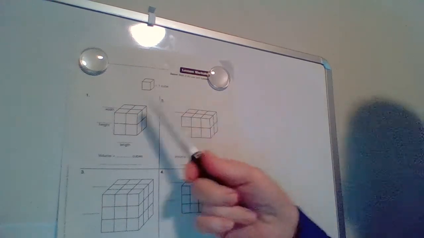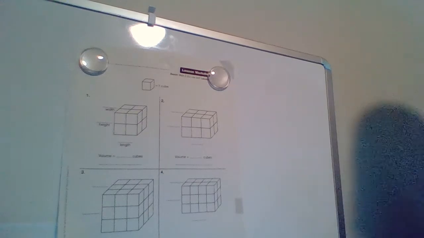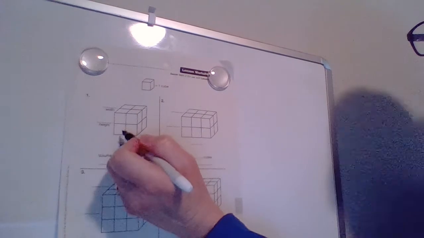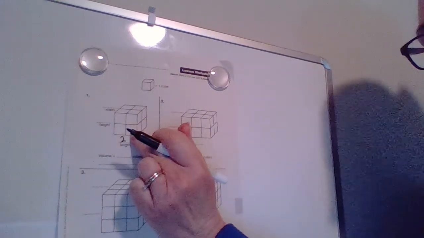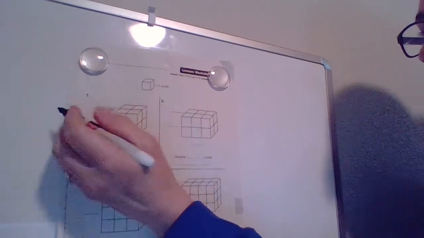Okay, so if we look at the first cube, this is like the one you saw in the video. All right, so here we have length. You can see there are 2 cubes right here. 1, 2. Okay, height, top to bottom. There are 2.